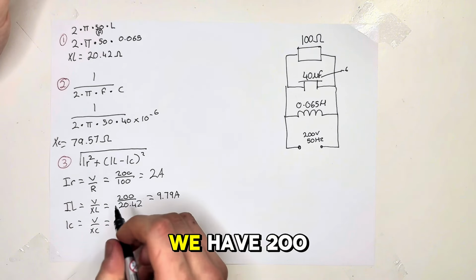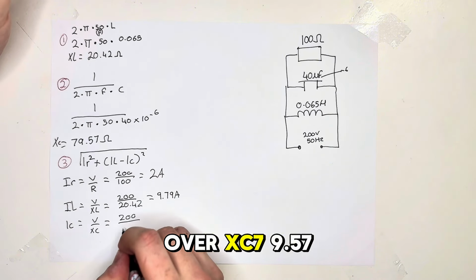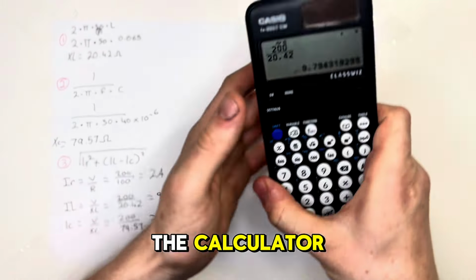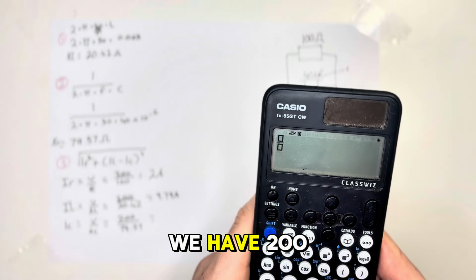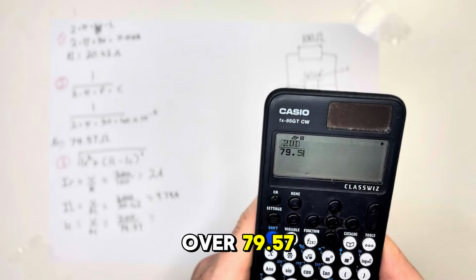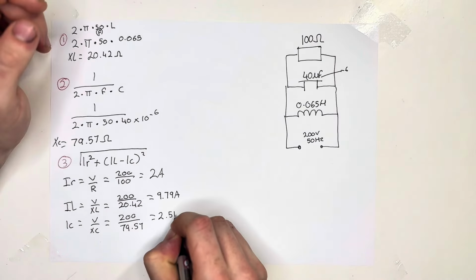And for IC, we have 200 over XC, 79.57. Put this in the calculator, 200 over 79.57, that is 2.51 amps.